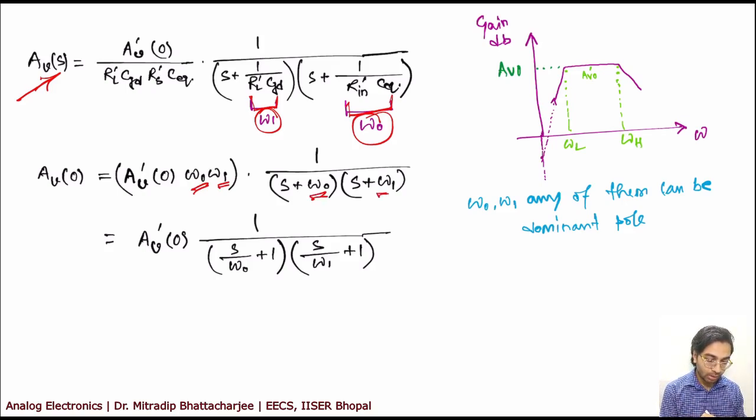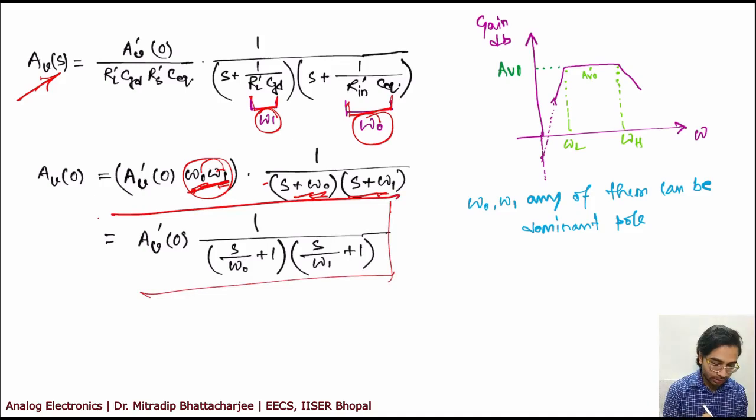Take omega 0 and omega 1 out from these terms and you will find S by omega 0 plus 1, S by omega 1 plus 1, and this omega 0 omega 1 term will get cancelled out from numerator and denominator.